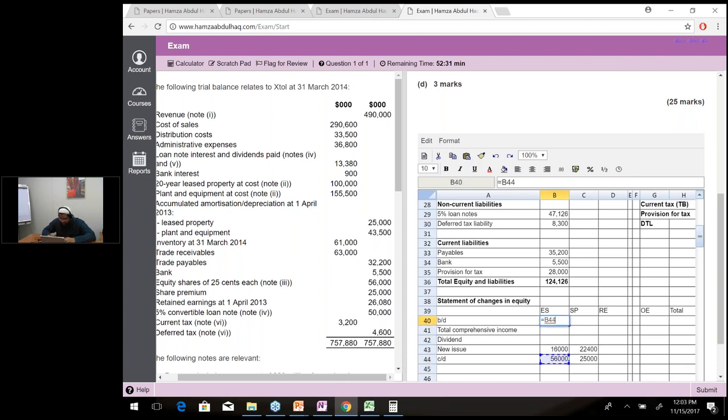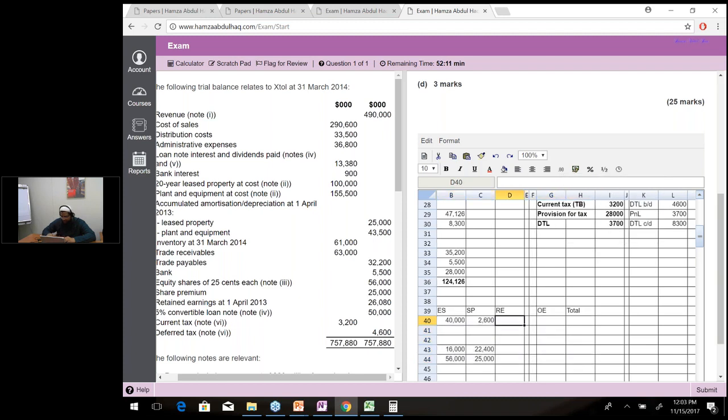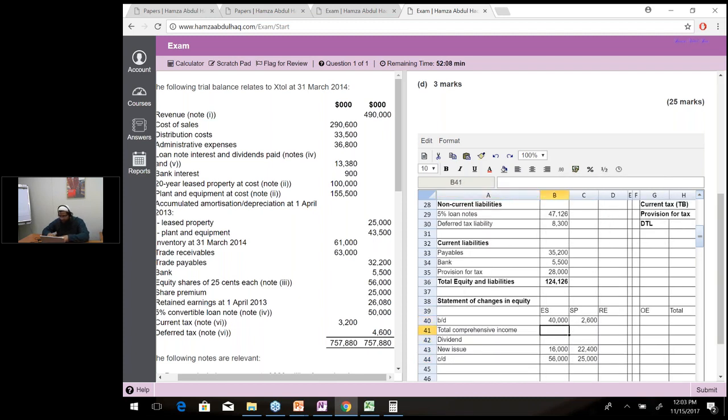So the brought down would become 56 minus 16, and this brought down would become 25 minus 22,400. And then I'm rounding off all of these values. Okay. So now the total comprehensive income or the dividend won't affect the equity shares or the share premium.